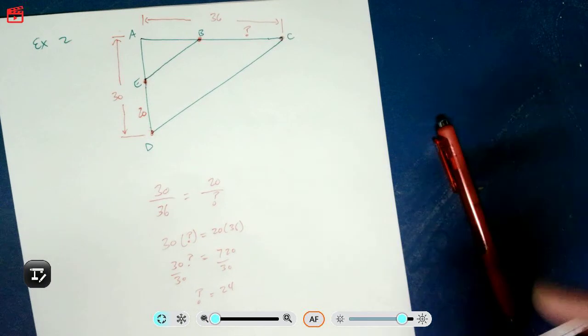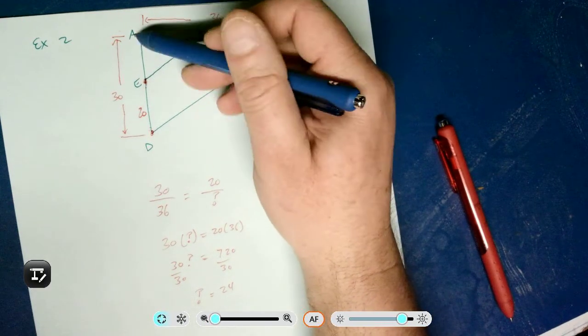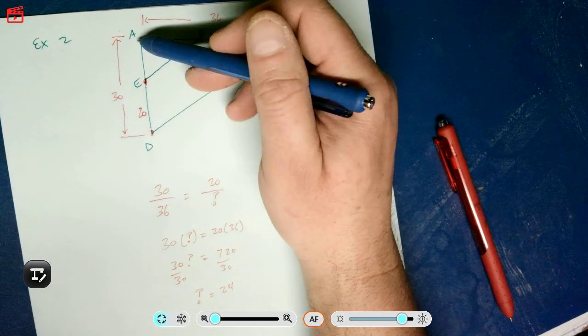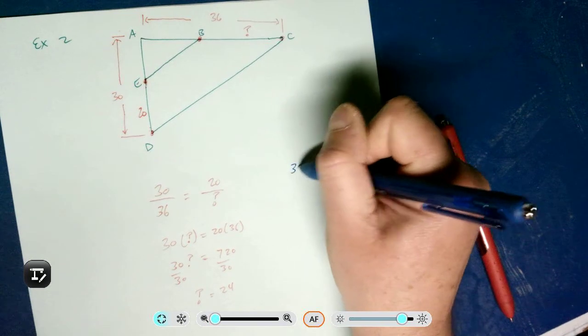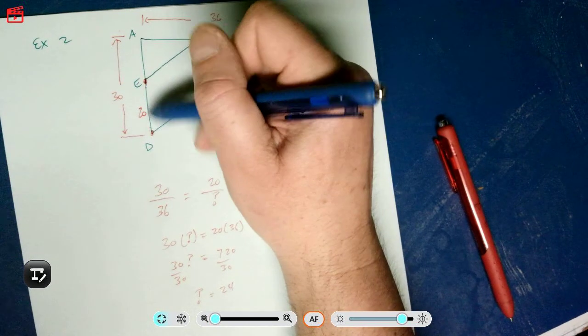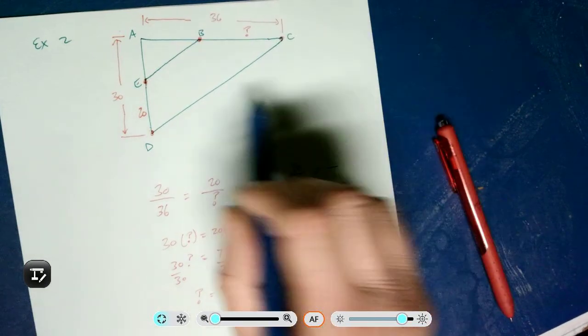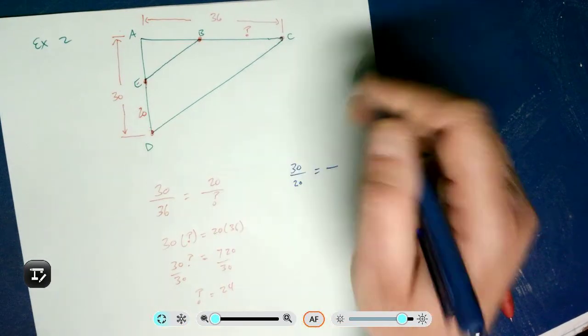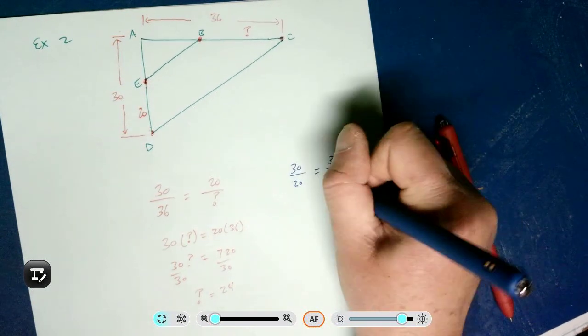Another way you could do it is you could do the long side on the left, the length of the total left side, over the left side's partial amount of 20. Then I'm going to go total length of the top over the partial length of the top.